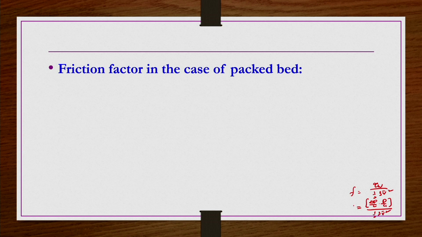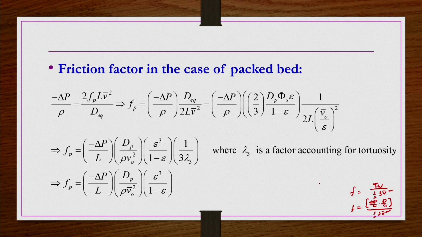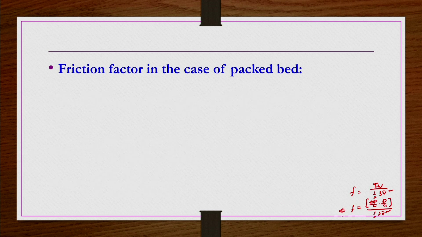If you rearrange this equation, f is equal to 1 by rho v bar square, multiplied by delta p by L d by 2.